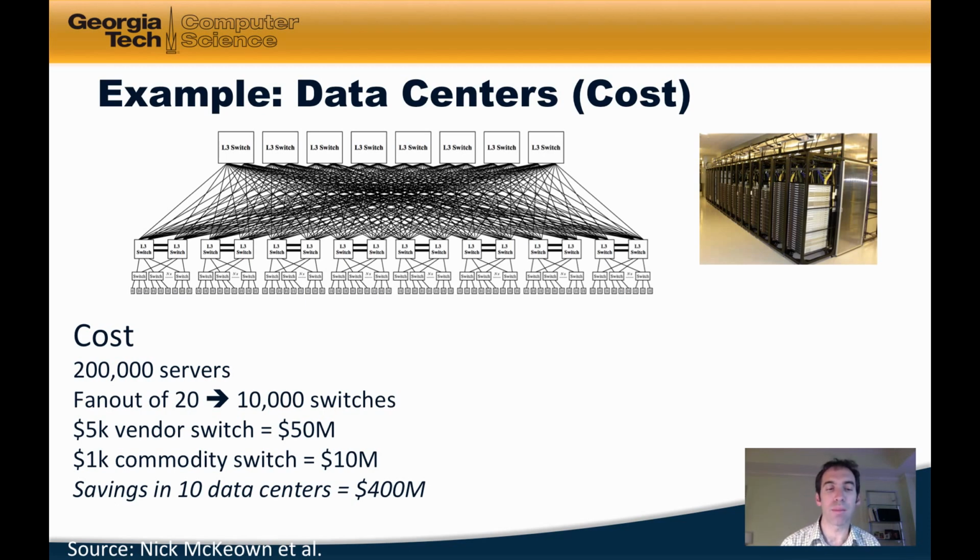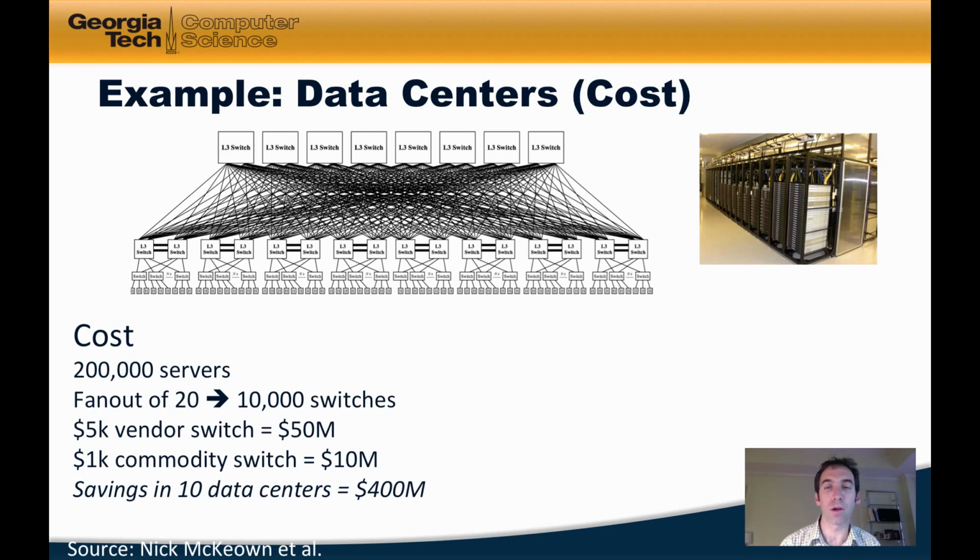If we take a particular switch from a standard vendor that costs $5,000, we're now talking about a cost of about $50 million just to deploy the switches. If, on the other hand, we could deploy commodity switches based on merchant silicon that cost only about $1,000, now we're talking about a switch deployment cost of about $10 million.